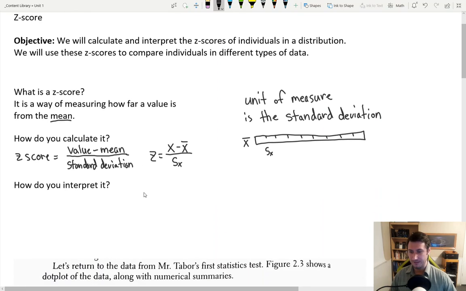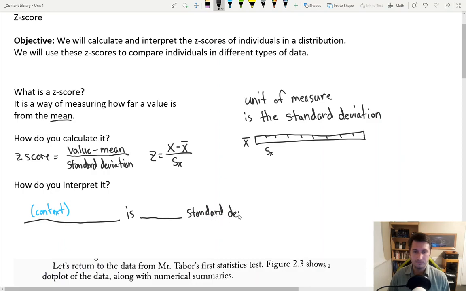How do you interpret this then? What's the sentence you're going to have to write? You're going to have to write a sentence: blank, that is your context, is blank standard deviations, and that blank right there is your z-score, above or below the mean.